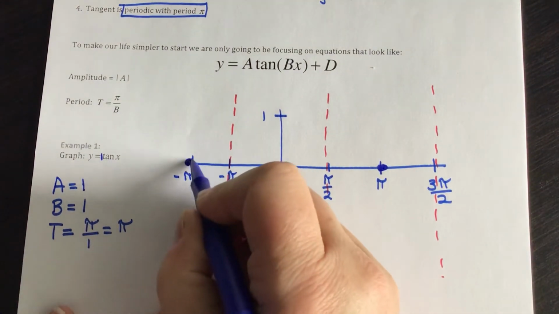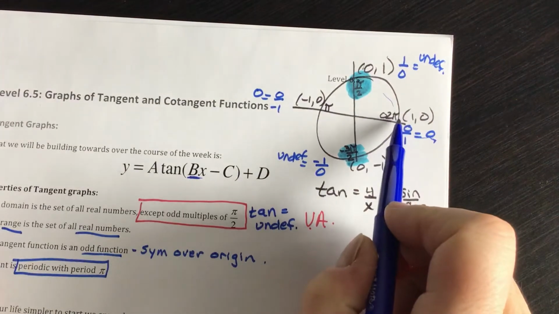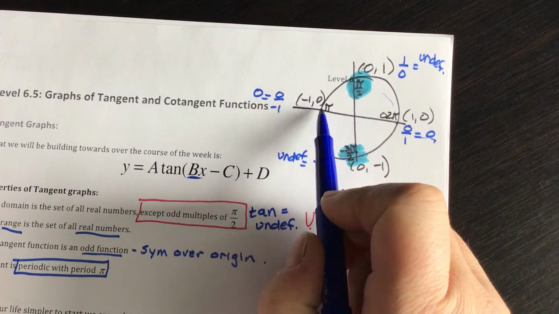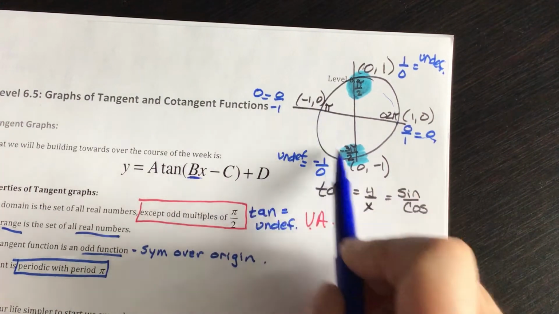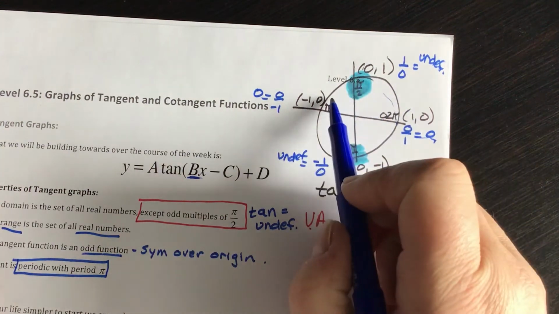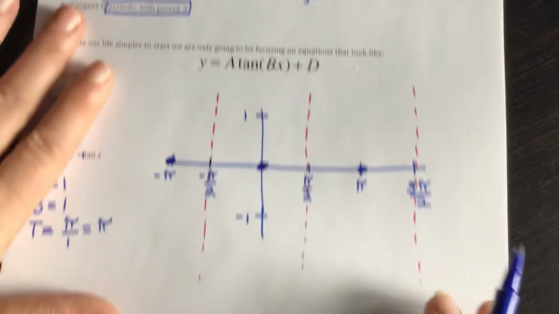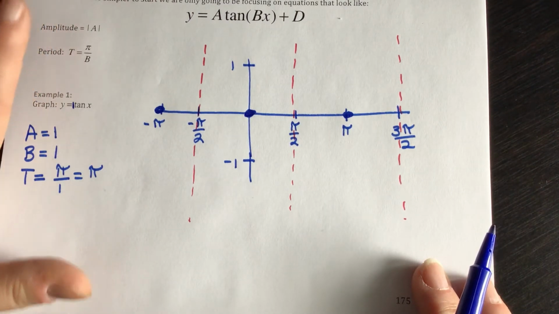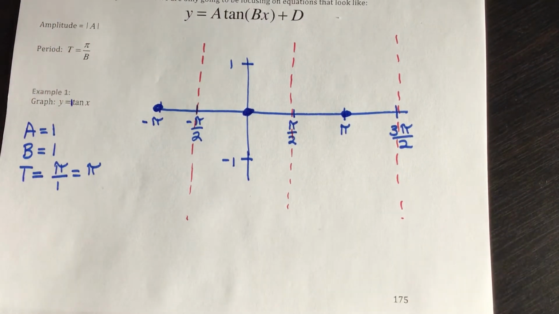At negative pi, tangent is 0. So anytime I go around the circle, every pi, I'm going to get a tangent of 0. So pi is 0, 2 pi is 0, 3 pi is 0, 4 pi is 0, and I can keep going. Every odd multiple of pi over 2 is an asymptote.